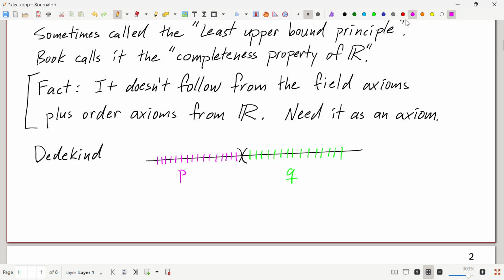Okay? There are rational numbers, and these are rational numbers. And all the p's are less than all the q's. All right? And you think that this corresponds to a real number. And you think that this is equal to r right here.